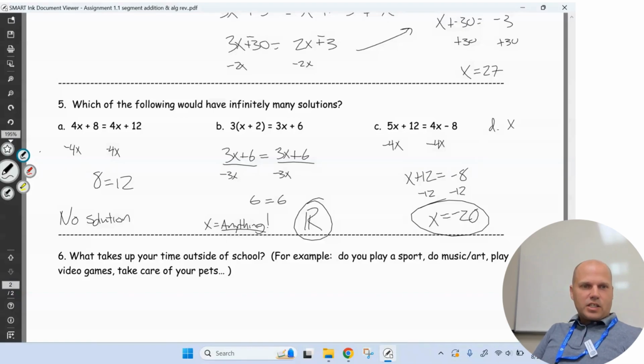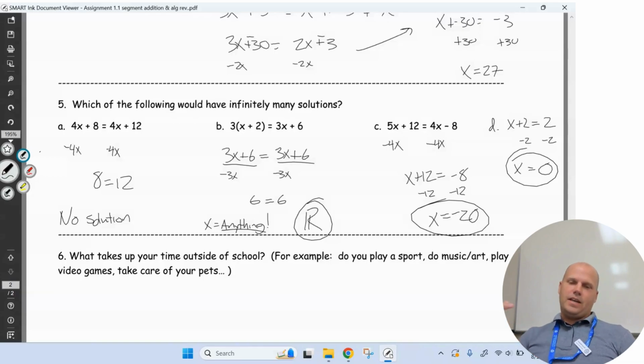If I have X plus 2 equals 2, this is a big mistake students make. They say this disappears and they're left with X, and they say all solutions or no solutions. But remember, X could have the value of 0. That is okay to have.